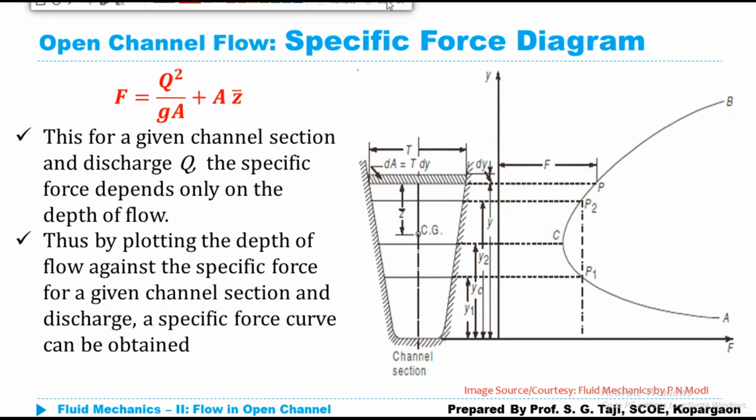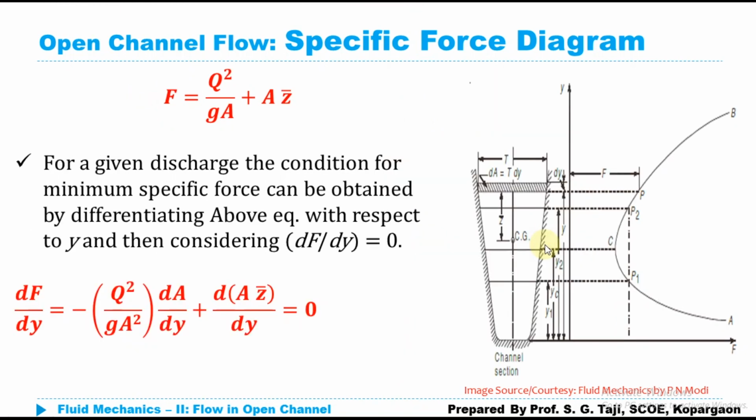Now for computing the minimum or maximum specific force, we differentiate this equation with respect to the depth of flow. If I consider the depth of flow as y and differentiate this equation with respect to y, then since Q is a constant, it remains outside the derivative.